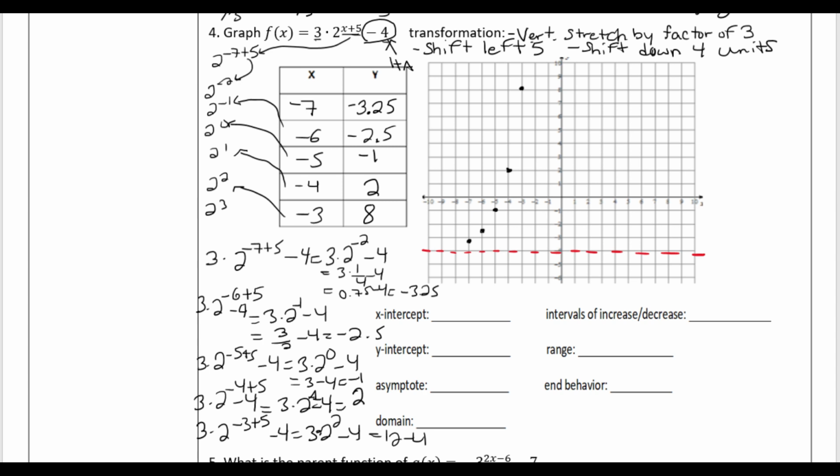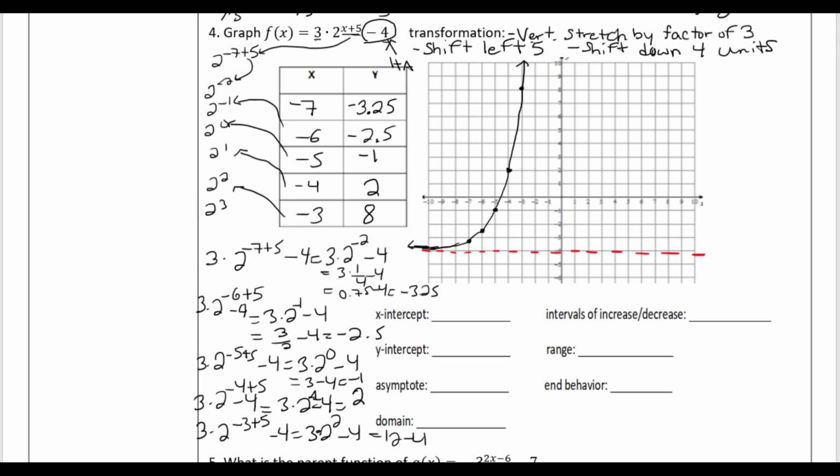All right, so that means that this is going to approach. It's going to get smaller and smaller, trying to approach the HA.